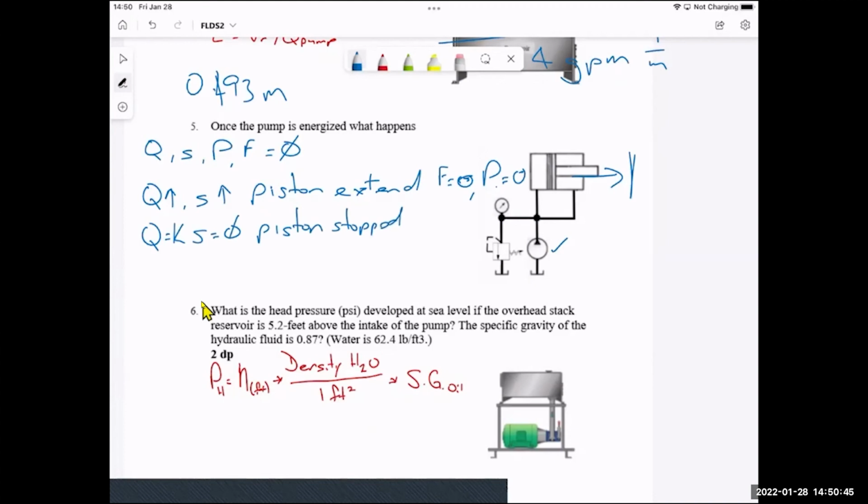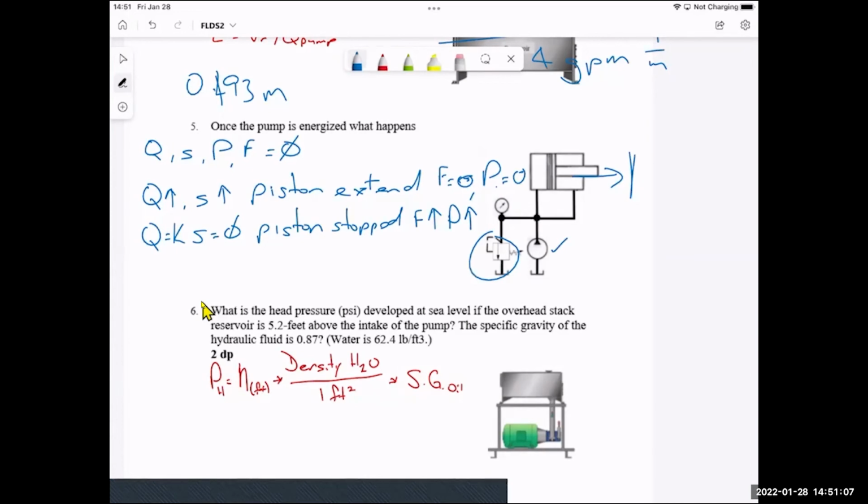It's acting against the end of the cylinder. It's deadheaded. So that means the force acting on it is going to increase, and the pressure is going to increase until we reach the pressure setting of our pressure relief valve.